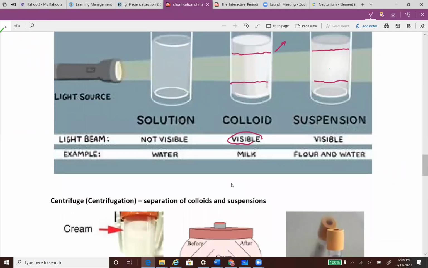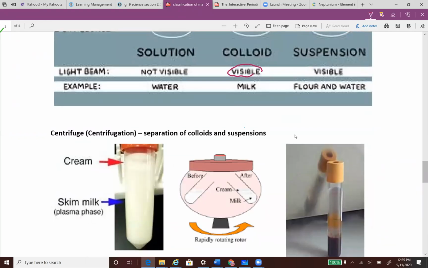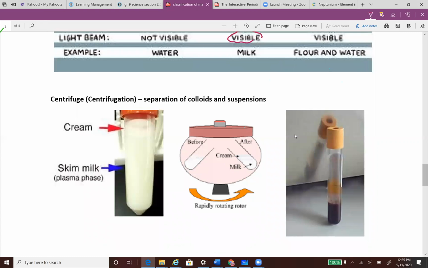Another thing we could use to distinguish solutions from colloids and suspensions is we can centrifuge them. This is a machine that spins really, really fast. You can see the machine right here.